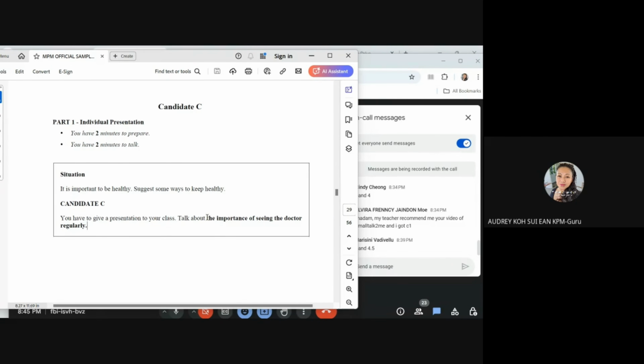So this culture of seeing the doctor regularly is not something often practiced in Malaysia, but you are supposed to talk about the importance. So you need to say that this is very important. We must see the doctor regularly. And then you give us 3 solid reasons with concrete examples why you need to see the doctor regularly.